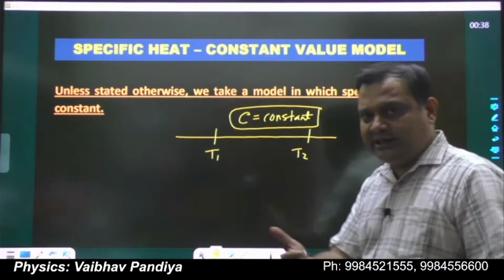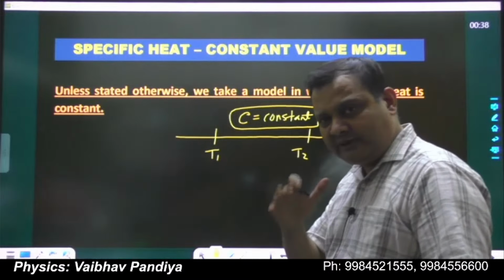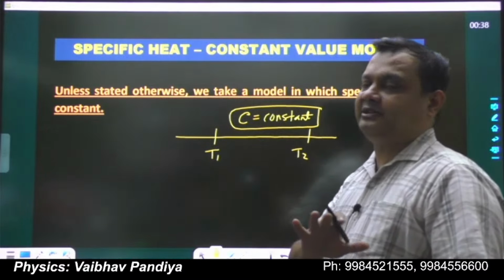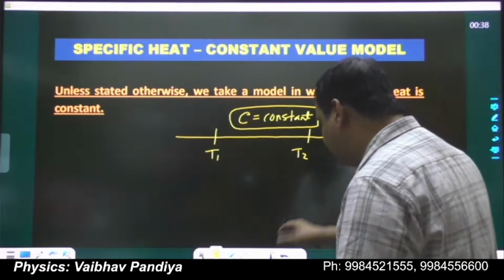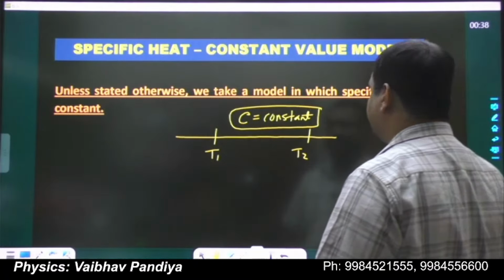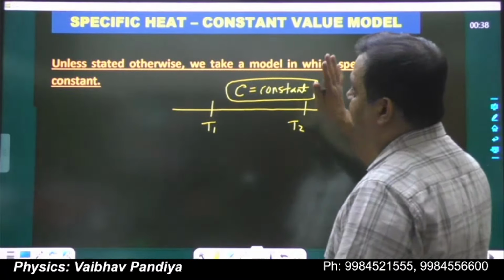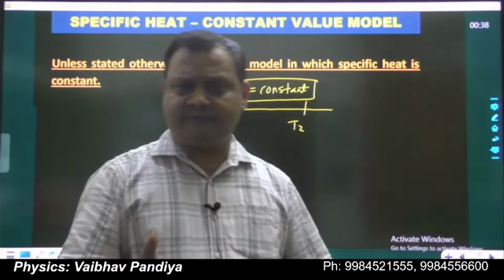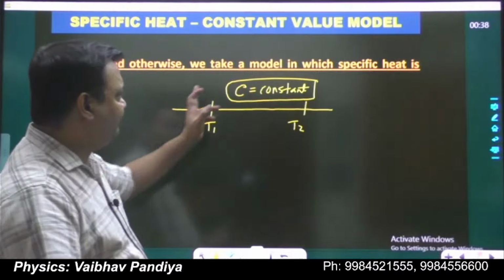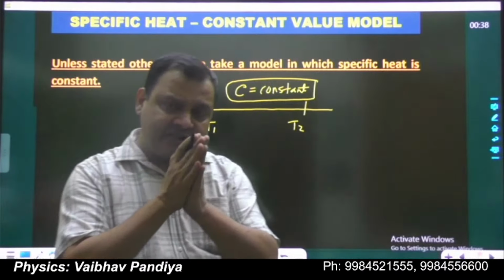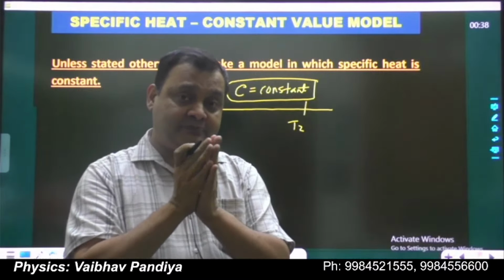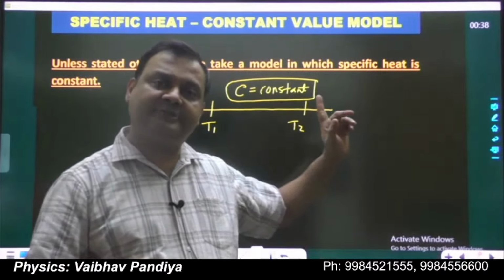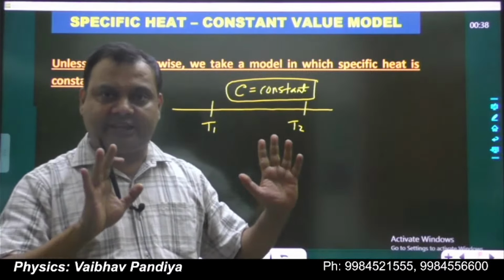We know actually the specific heat varies with temperature, and we have seen how to solve such problems both by the integral method as well as by the graphical method.